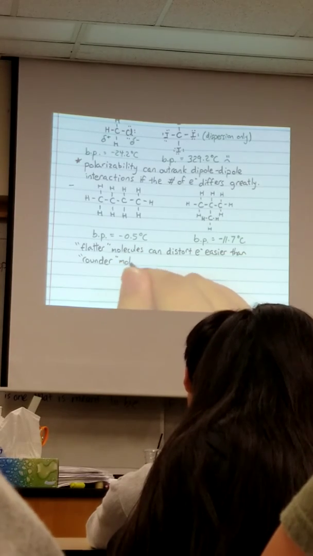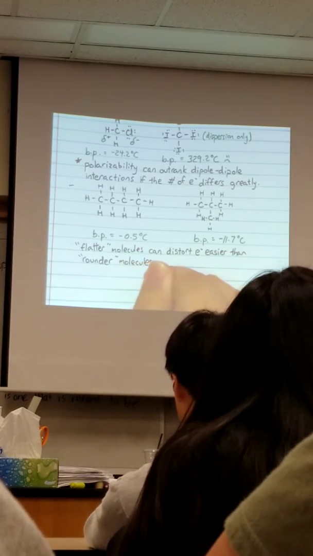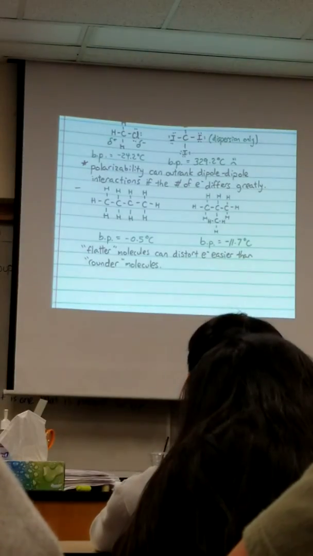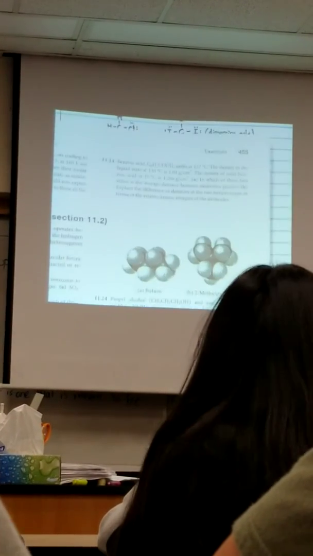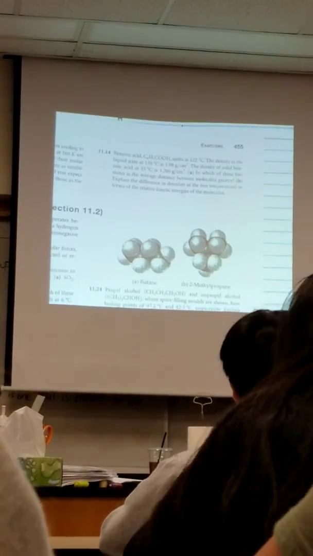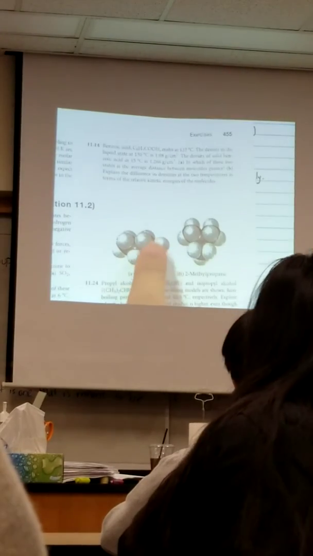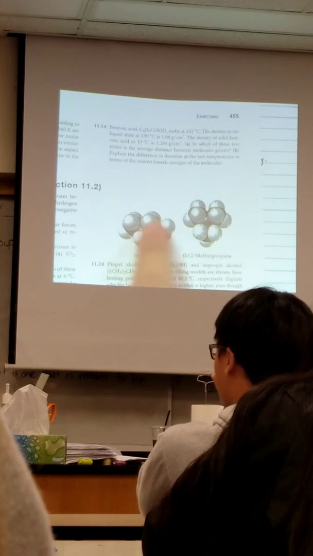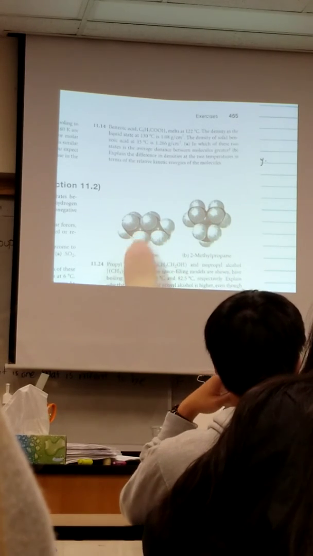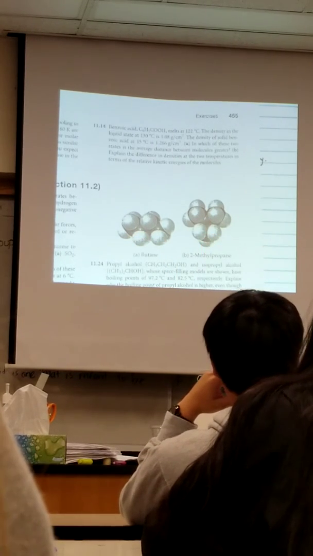Now, if you have trouble seeing flat versus round, Worksheet 2 has a good example of this, so I'm going to show you Worksheet 2. On the AP exam, they will give you these drawings, okay? And actually, these drawings are for the formulas that we're working on, C4H10, right?